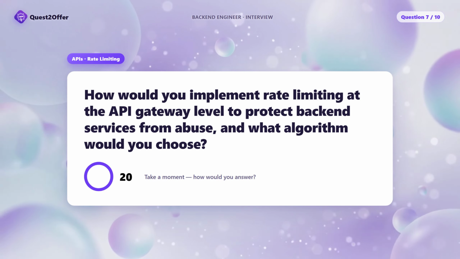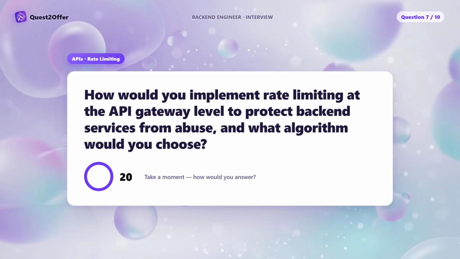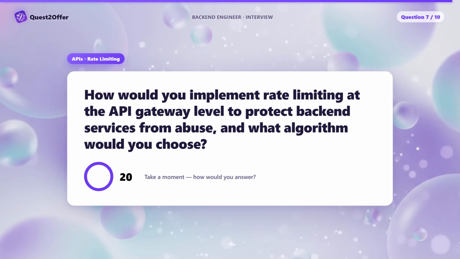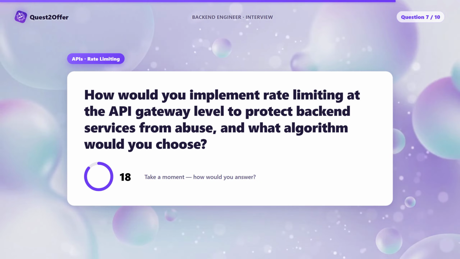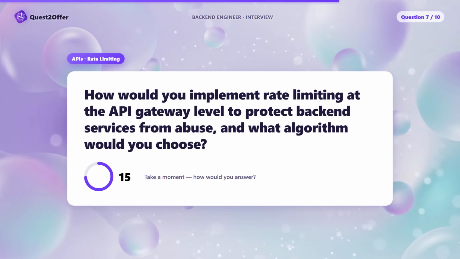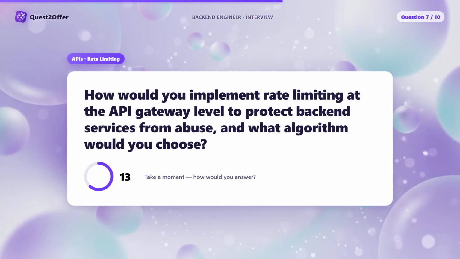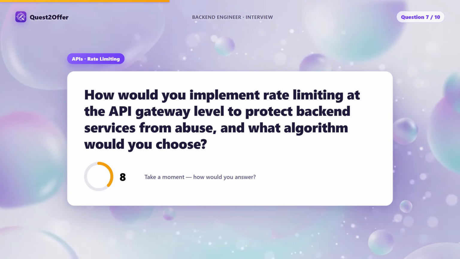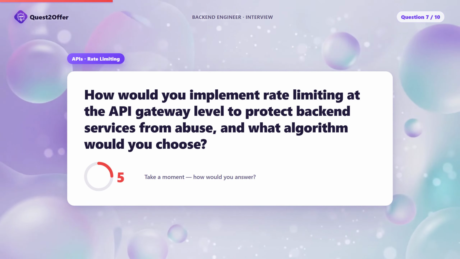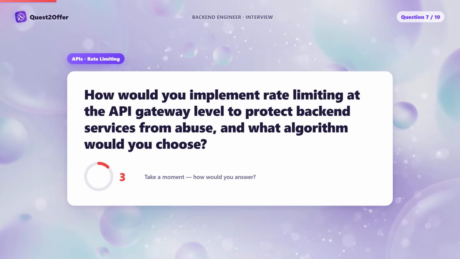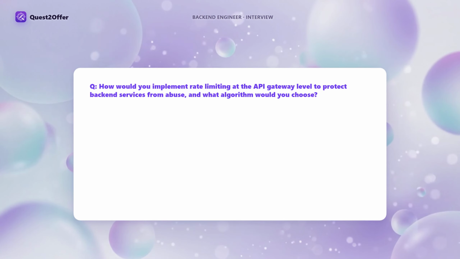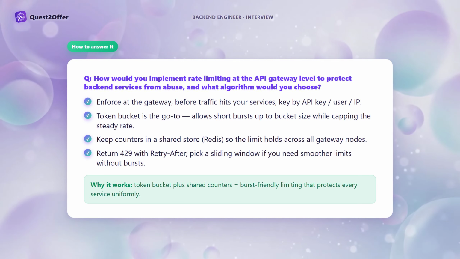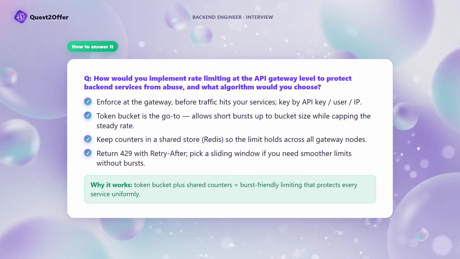Question 7. How would you implement rate limiting at the API gateway, and what algorithm would you choose? Enforce it at the gateway before traffic reaches your services, keyed by API key or user.